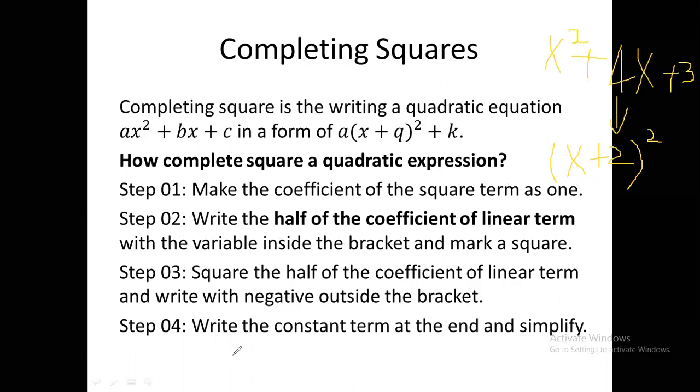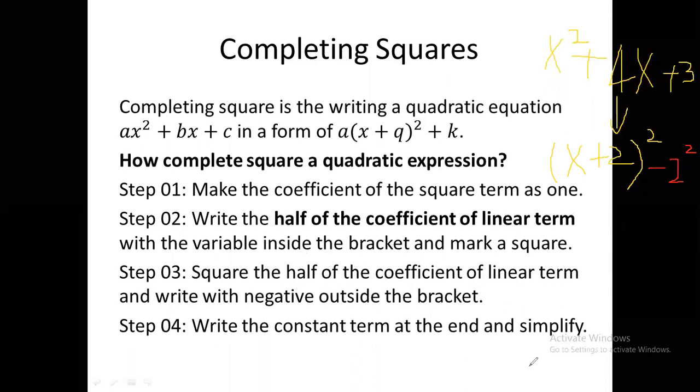Then I write the next step with a different color so you will understand this clearly. Square the half of the coefficient of the linear term. What is half of the coefficient? We already know that half of the coefficient of the linear term, 4, is 2. Then square that term and write it with a negative sign outside the bracket.